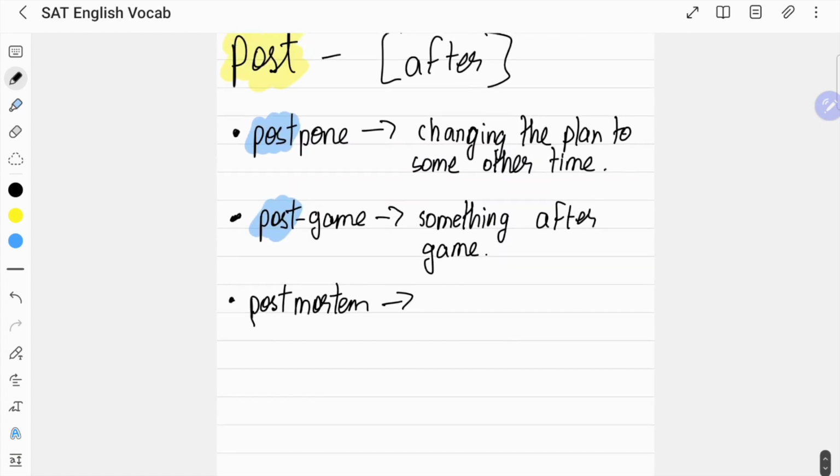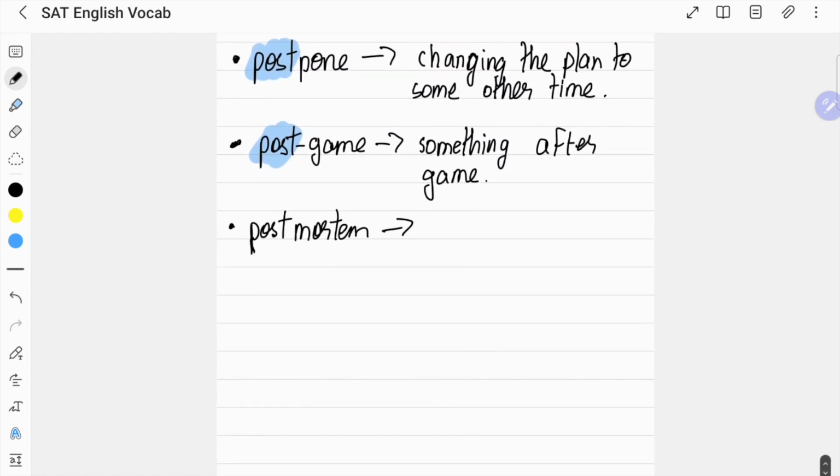Post normally means after, as we know, but keyword mort, which I haven't taken as a keyword because it isn't used mostly at all in the SAT, but it can be used for this word. Mortem or mort is normally used for death. So mort is usually for death. So post mortem would be after death.